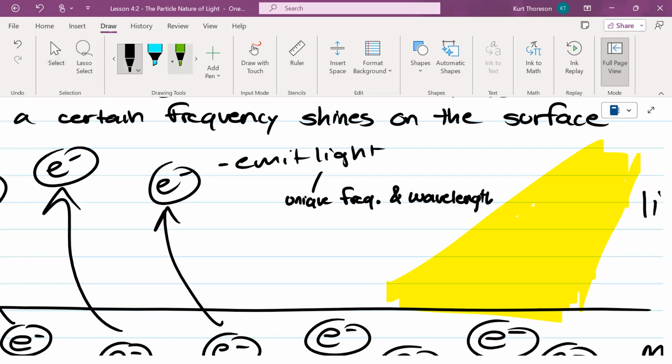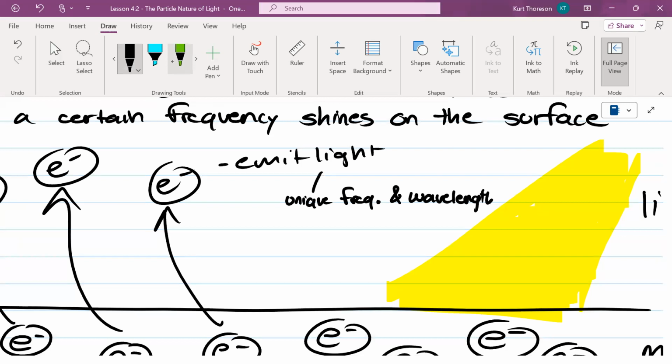Here's why I'm telling you this. We can determine what the metal is based on the color it gives off. Guys, we do this with stars and planets throughout space. No human has ever stepped foot on another planet before, ever. We've barely made it to the moon so far. So we see stars and planets way out in space, and they give off light.